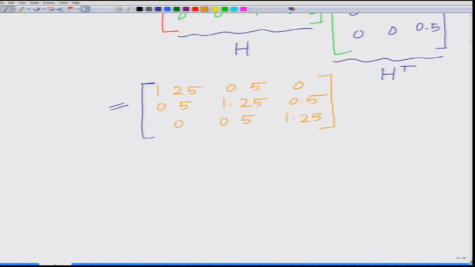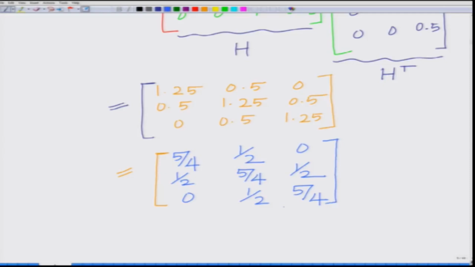Basically just writing this as fractions for convenience, I have 5 by 4, half, 0, half, 5 by 4, half, 0, half, 5 by 4. This is my matrix H H transpose. So, substituting the matrix H, I have basically evaluated H H transpose.